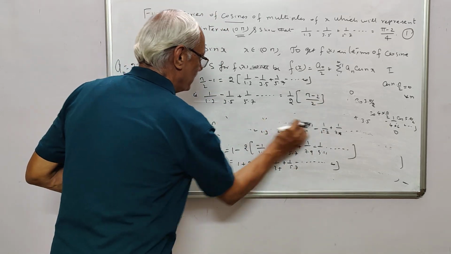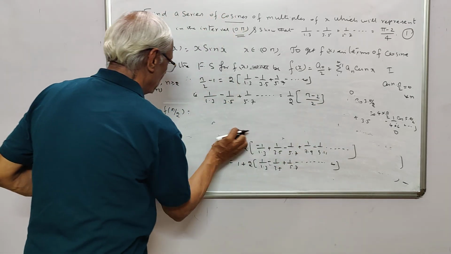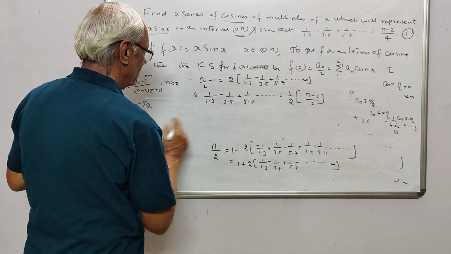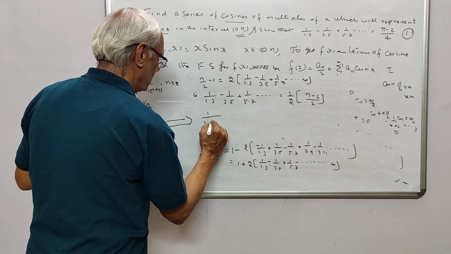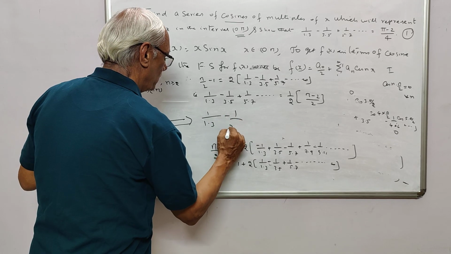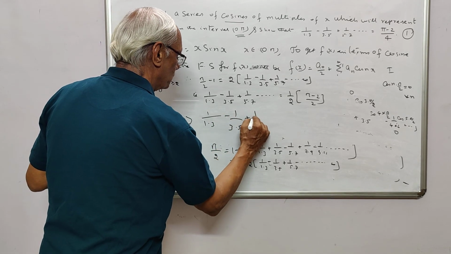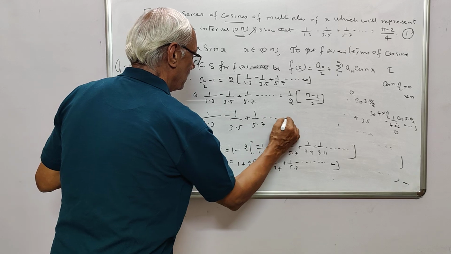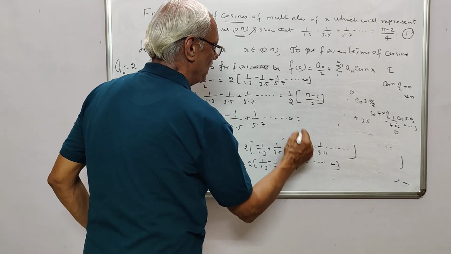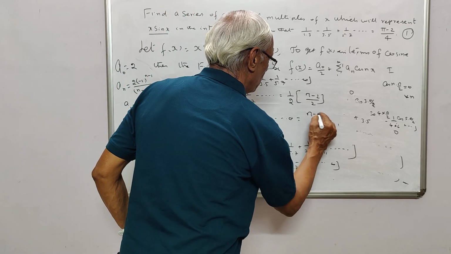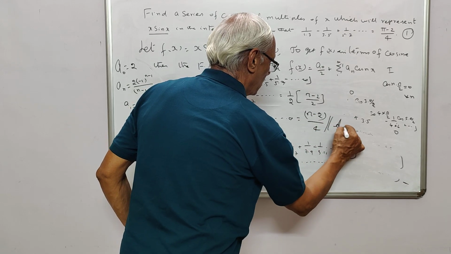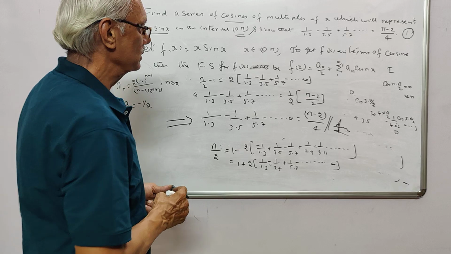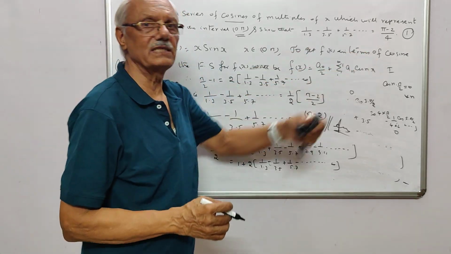So what is the answer you will get ultimately? 1 by 1 into 3 minus 1 by 3 into 5 plus 1 by 5 into 7 minus dot dot dot up to infinity. Take this half inside: pi minus 2 divided by 4. This is your answer. So that is what you were asked to prove, and this has been proved.